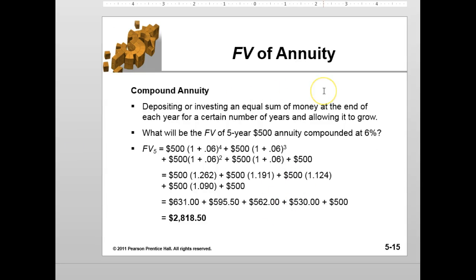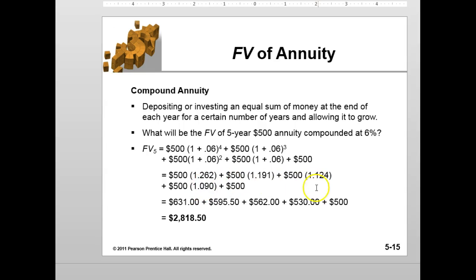So here's your calculation for that. For each year, you would take it out. If we've got 5 years, this is looking at a 5-year, $500 annuity compounded at 6%. So you've got 4, 3, 2, 1. Everything's brought out as far as it can, and to the power.